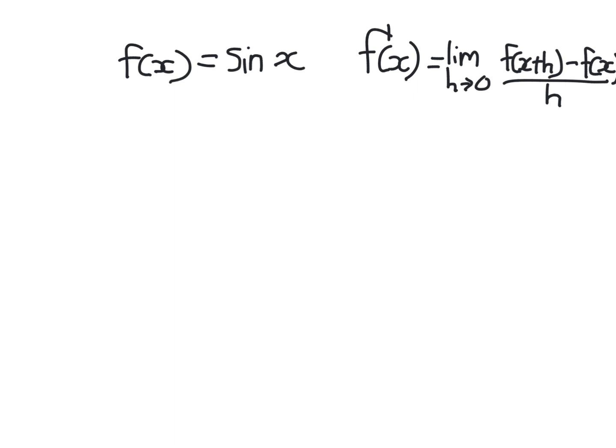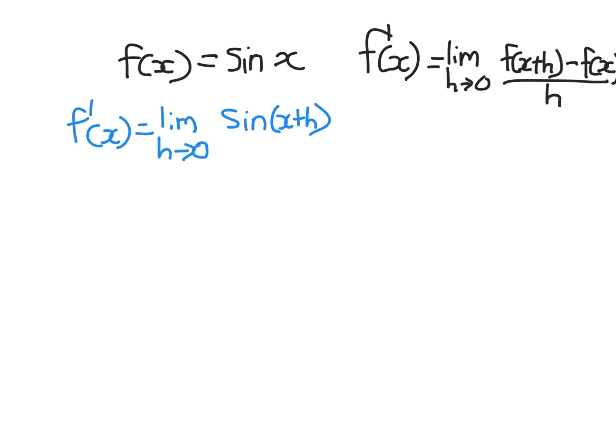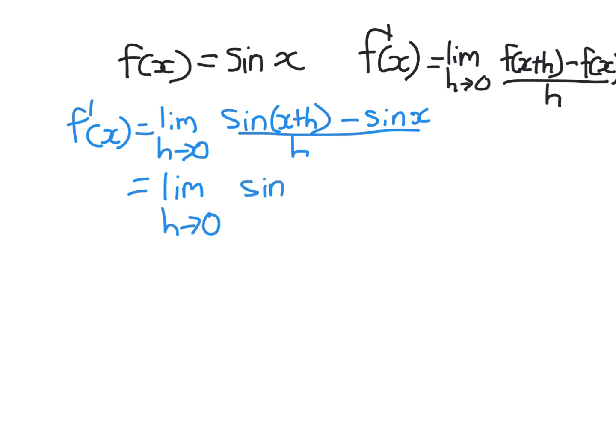So let's look at f(x) = sin x. So the derivative is f(x+h), so I'm just going to replace x with x+h, minus the original function f(x), over h, take the limit as h approaches 0. In order to simplify this, because again I can't substitute h for 0, I'm going to use the angle sum formula for sine.